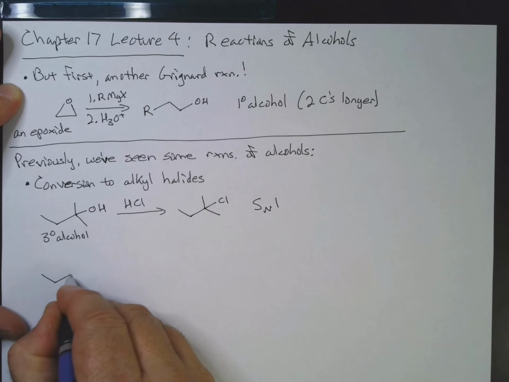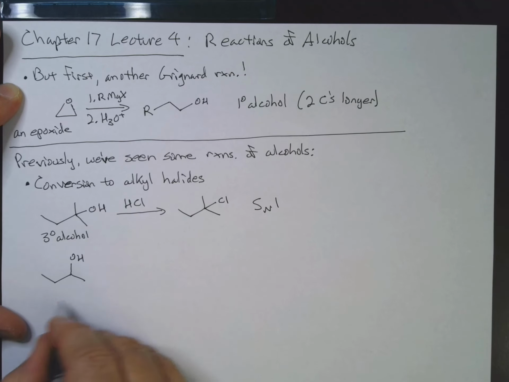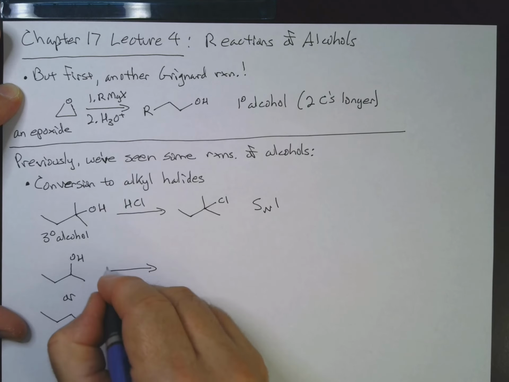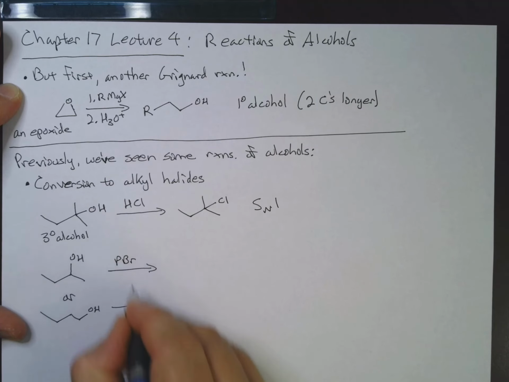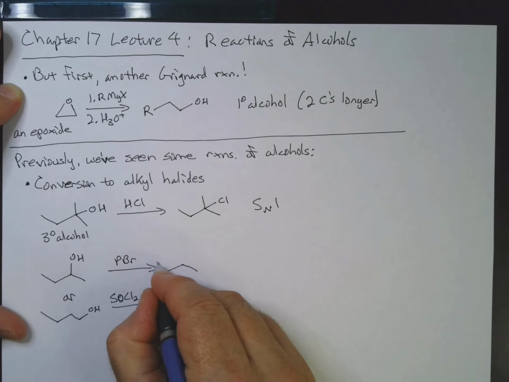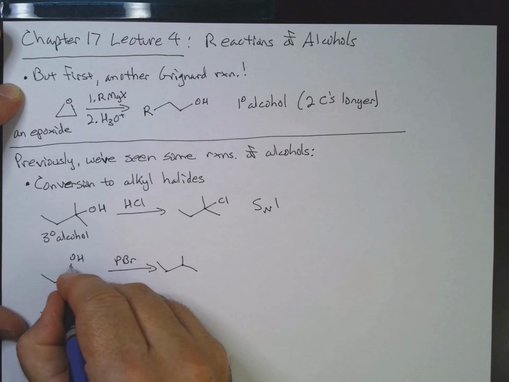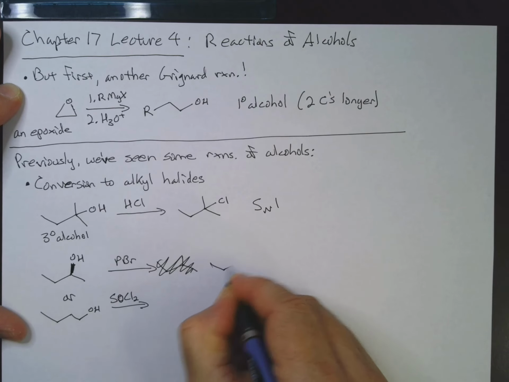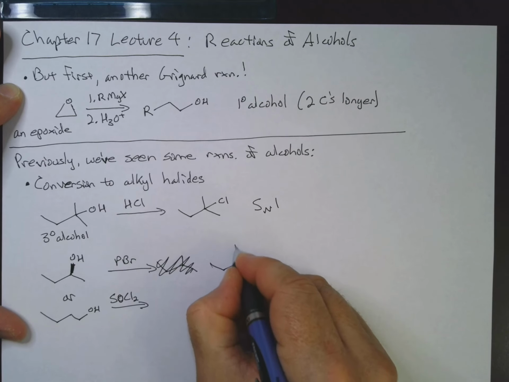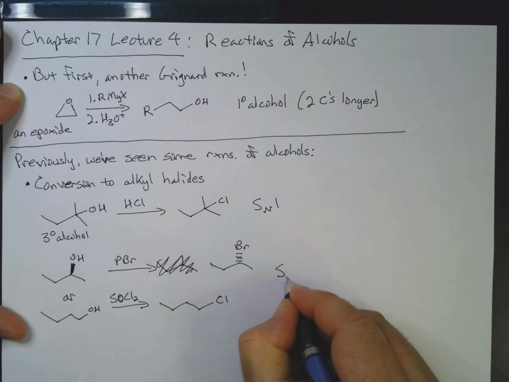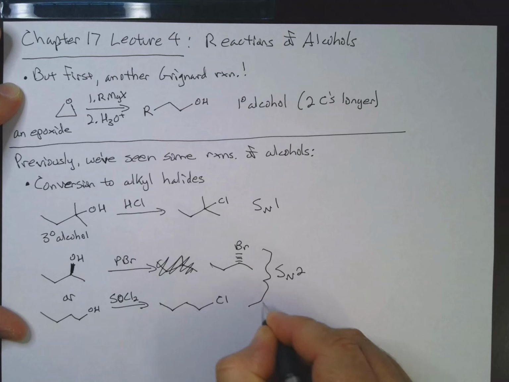If we have a secondary alcohol or primary alcohol, and we treat these with something like PBr3 or SOCl2, and these are SN2 reactions here.